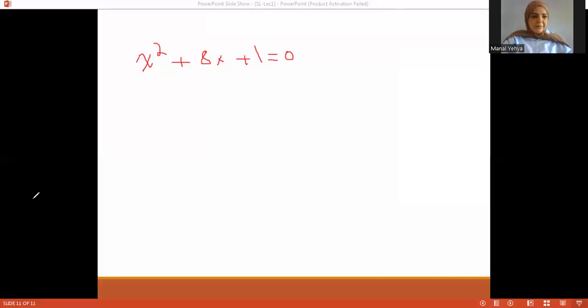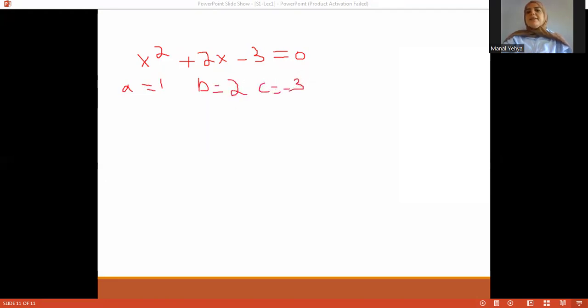I will take x squared plus 2x minus 3. A is 1, B is 2, and C is minus 3. This is a plus b plus c equals 0. So the first root, x1, is 1, and the second root, x2, is c over a, which is minus 3. And now I need to discuss the sign of this equation.